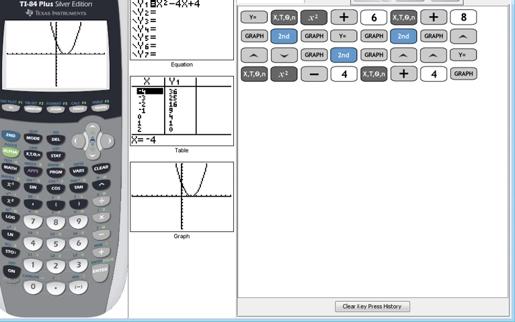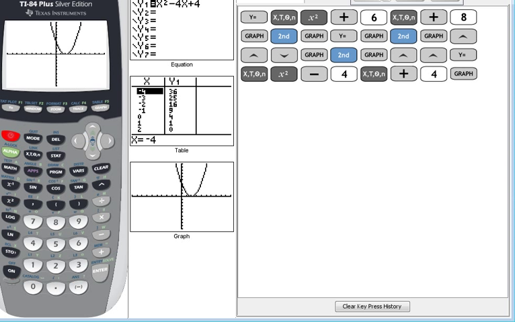So if we look at this one, just estimating right now, where does this one appear to cross the x-axis? Here's my x-axis, and it looks like it could be at a positive 1.5, or I guess it could be a lot of different things. To know for sure, we're going to have to check on our table.